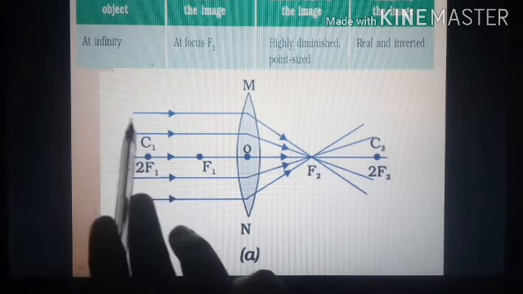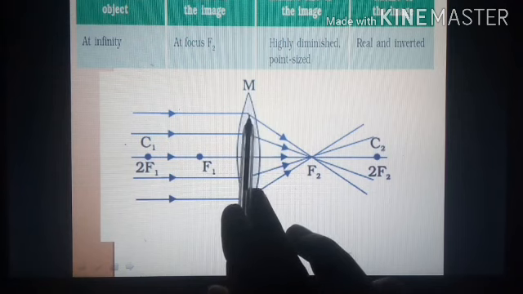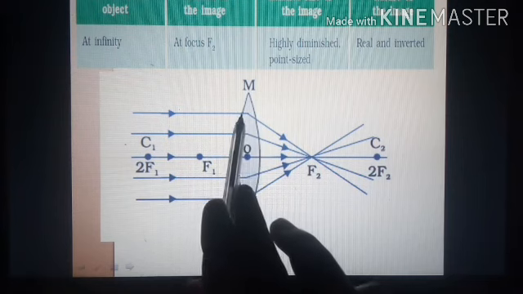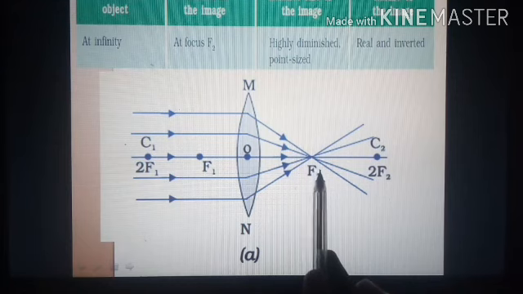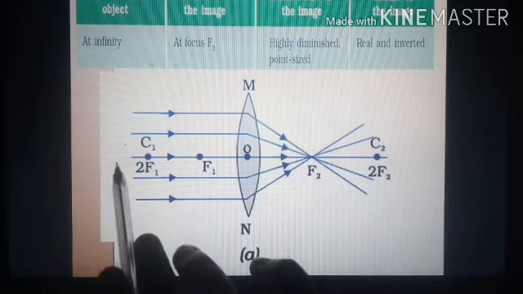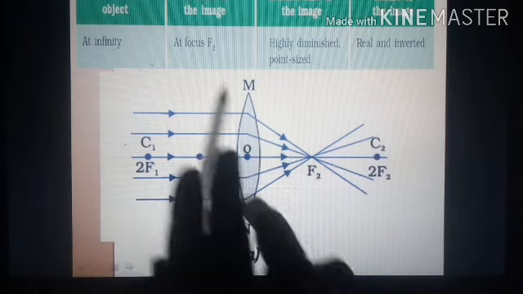So it will produce parallel rays. After falling on the lens, all the rays converge at a point. That point is, we know, the principal focus. So with the object placed at infinity, after refraction the image will be formed at the focus.